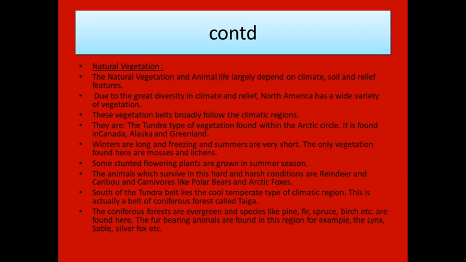They are the tundra type of vegetation found within the Arctic Circle. It is found in Canada, Alaska, and Greenland. Here, winters are long and freezing, and summers are very short. The only vegetation found here are mosses and lichens.